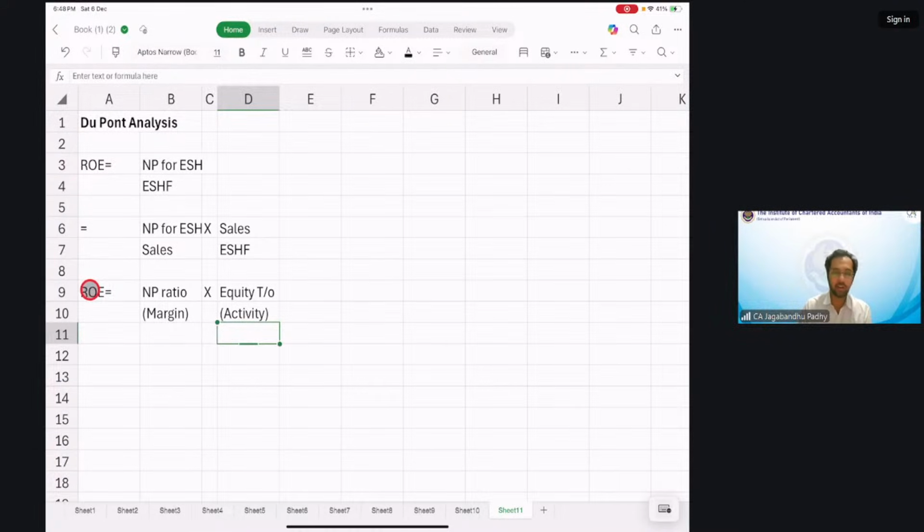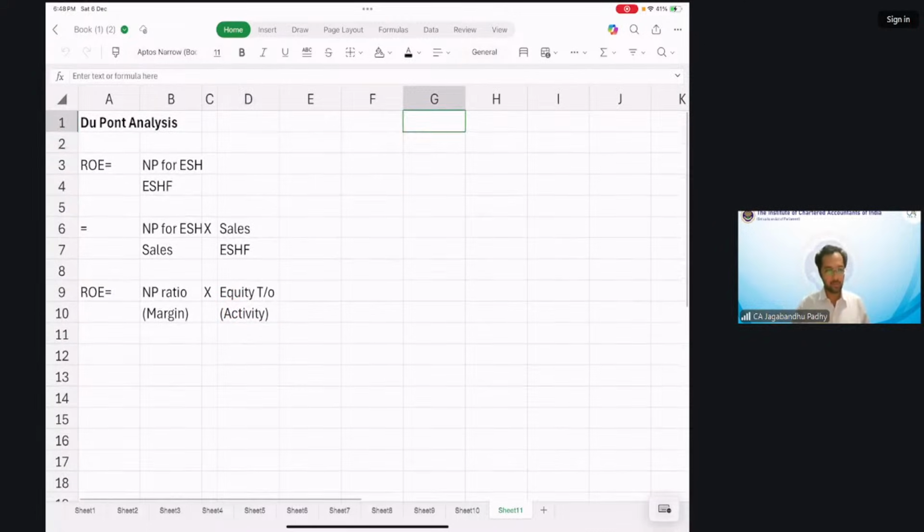So you can have a higher return on equity with a greater amount of net profit margin, or with a higher level of turnover or activity.